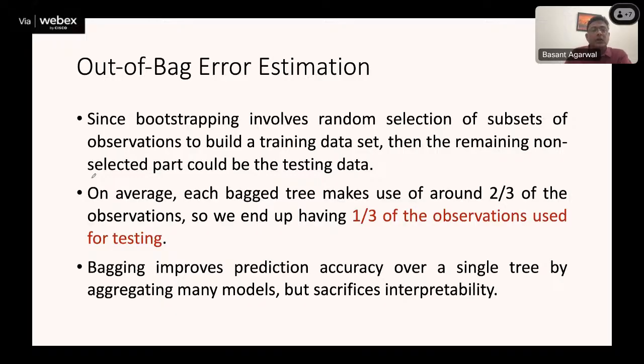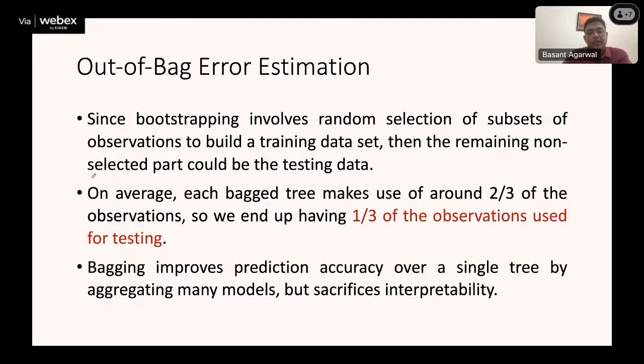Now, this is called out of bag error. We have seen that in the bootstrapping process, in general, 2/3 of the observations are picked up, and the remaining 1/3 of the observations may be used for testing.